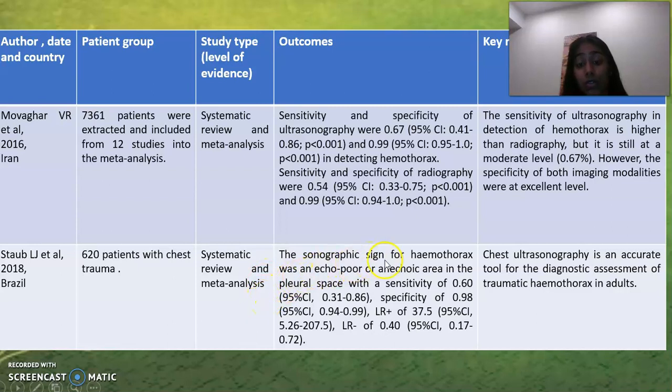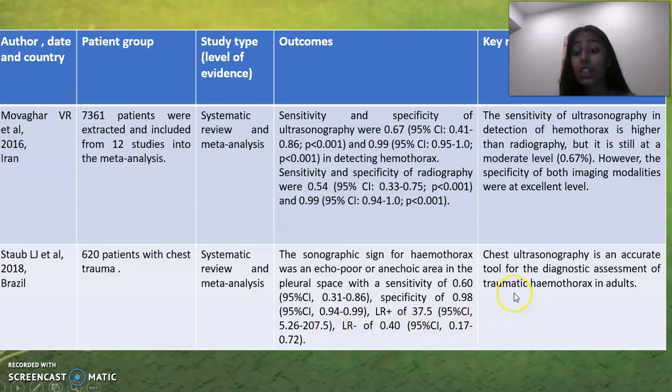The outcomes: the sonographic sign for hemothorax was an anechoic pool or area in the pleural space with a sensitivity of 0.60, 95% confidence interval 0.31 to 0.86, specificity of 0.98, 95% confidence interval 0.94 to 0.99, LR positive of 37.5, 95% confidence interval 5.26 to 207.5, and LR negative of 0.40, 95% confidence interval 0.17 to 0.72.